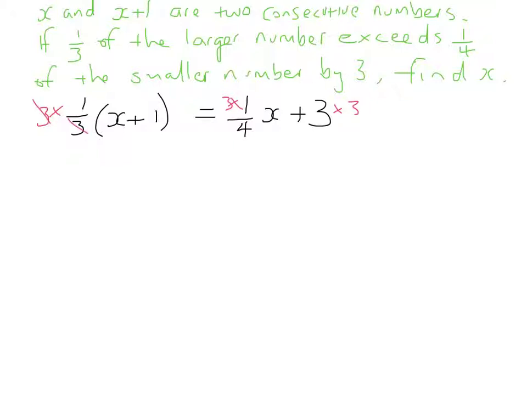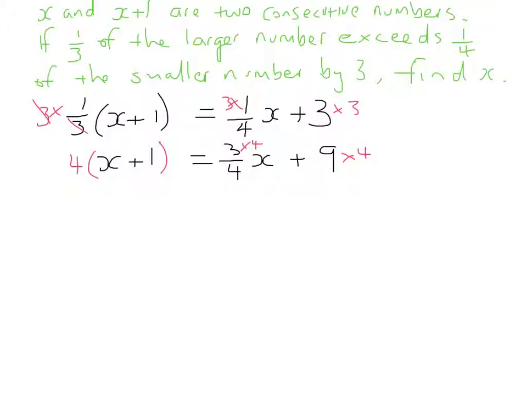And that's going to cancel that down and leave me with x plus 1 on the left hand side is equal to 3/4 of x plus 9 on the right hand side. The next thing I'm going to do is to multiply everything by 4 to get rid of the fraction on the right hand side. So if I times that by 4, I have to times that by 4 as well, and I'll times this by 4 as well.